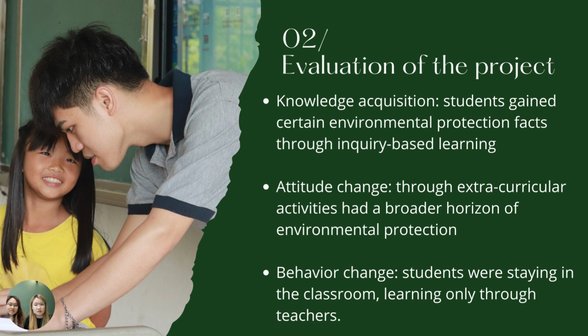The first one is knowledge acquisition, which plays a crucial role in the sustainability education of students. The project did help students gain certain environmental protection facts by combining knowledge acquisition through inquiry-based learning with extracurricular activities that broaden student horizons. This project aims to foster a holistic approach to sustainability education.